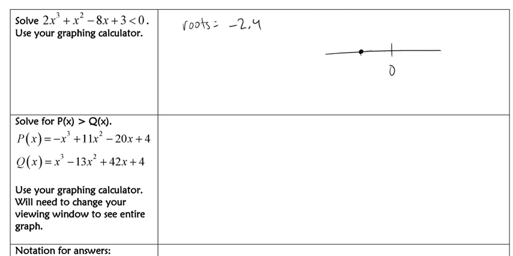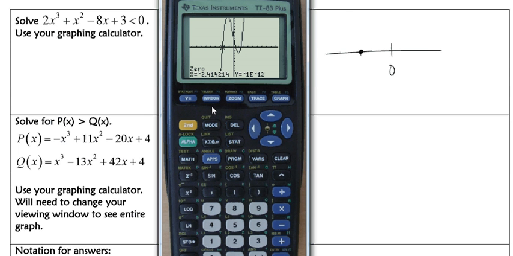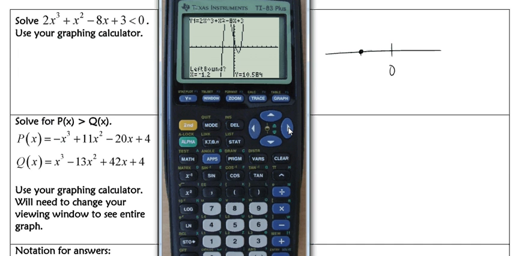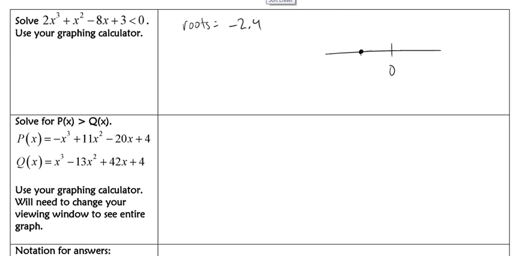And next I've got a root at, so second calculate, a 0 at, there we go, so left bound of it. Now I'm right bound of it, don't guess, and this time we're going to get 0.4. So 0.4, it's going to be just right around here, 0.4.